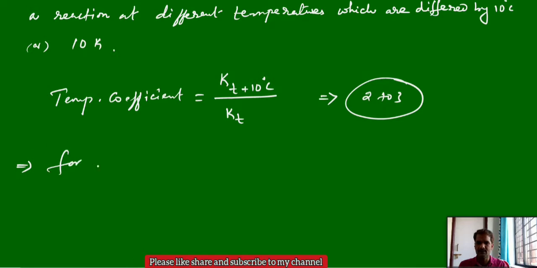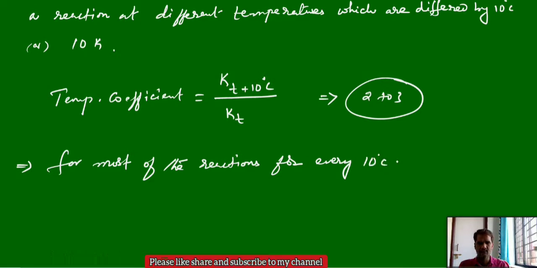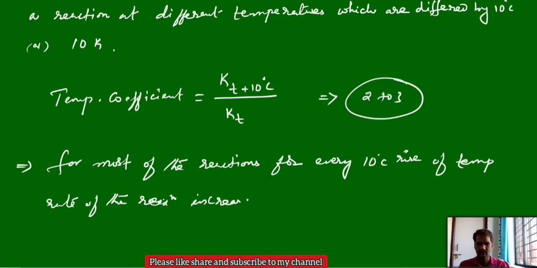For most of the reactions, for every 10 degree rise of temperature, the rate constant or rate of a reaction increases by 2 times.